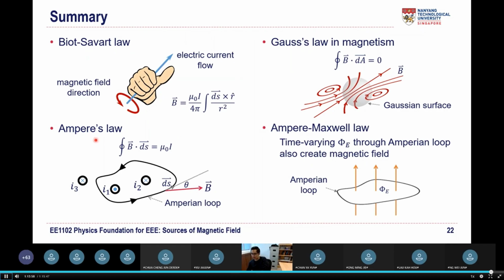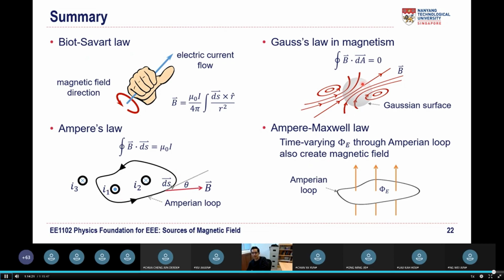And what Ampere's law states is that the line integral of the magnetic field around an Amperian loop, a closed loop, is proportional to the total steady current that is enclosed inside the Amperian loop.